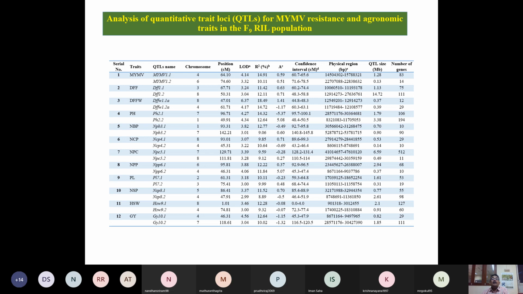Not only the genetic distance, we can also see the physical location, because we already aligned our sequence data and mapped it with the reference genome. Then we know that.